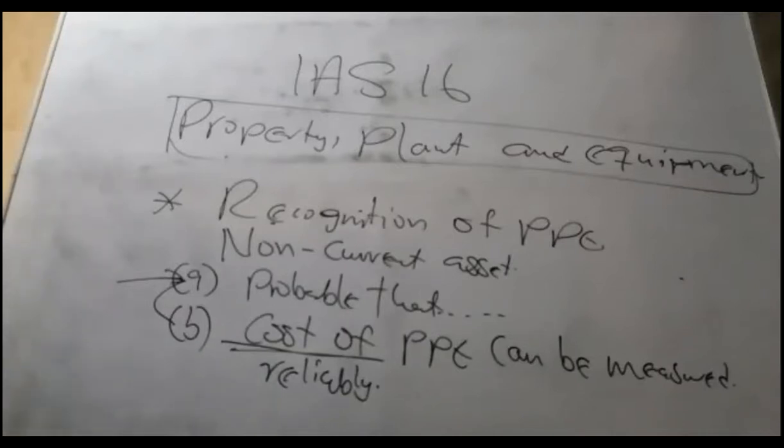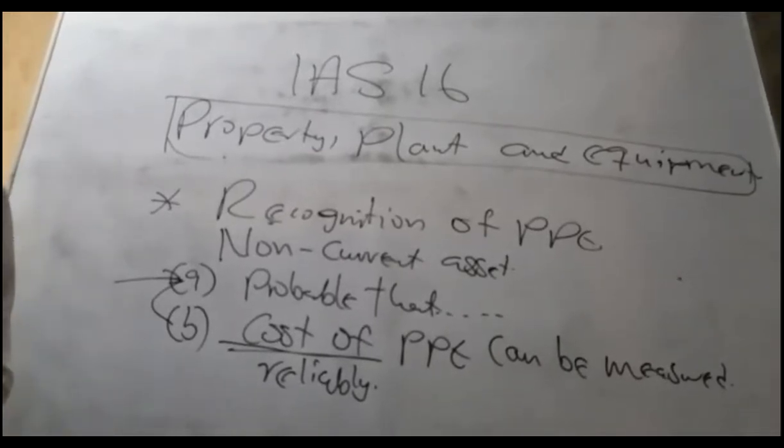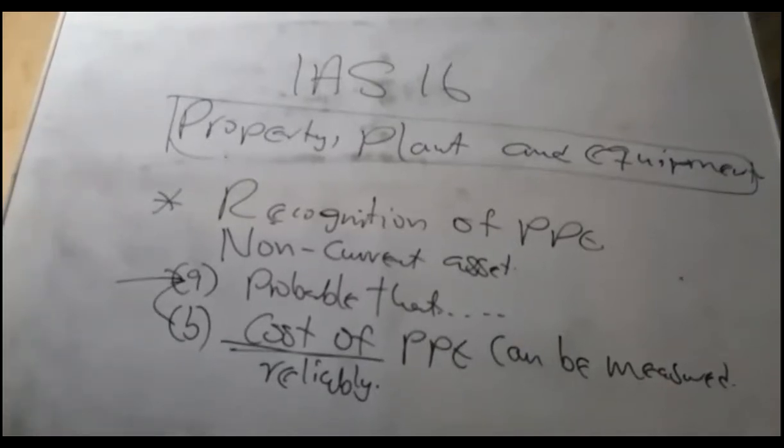Condition two, the cost of this item can be measured reliably. Then you come back again, examiner, from the above scenario, even though the benefit will flow to the entity, the cost of this item cannot be measured reliably, and hence no asset should be recorded in your books. You are done. Good. I'm done with the recognition.